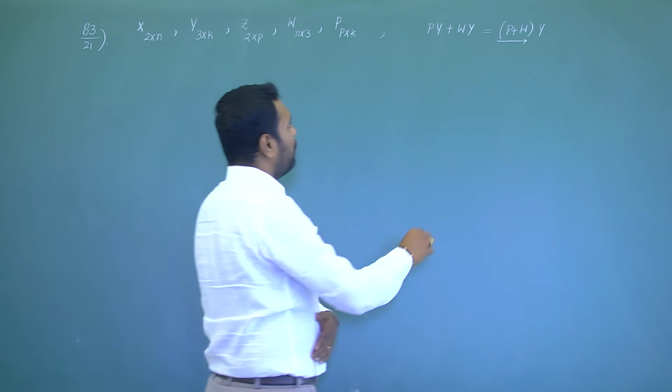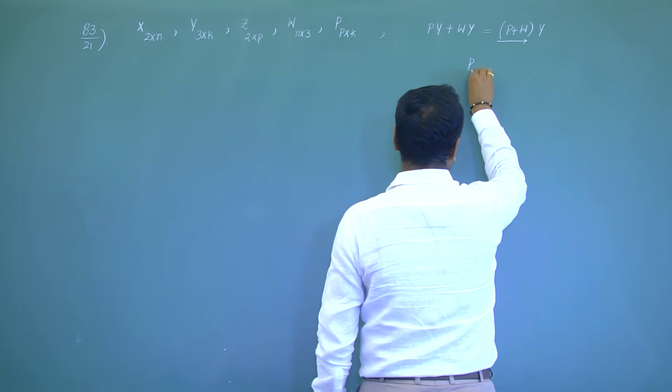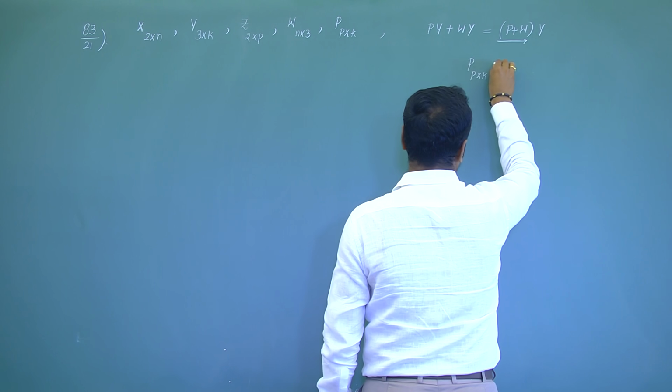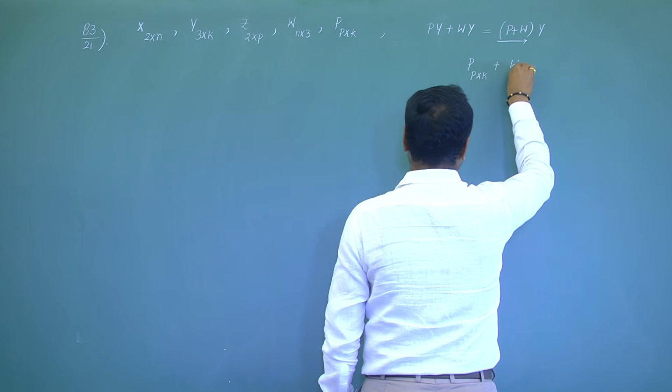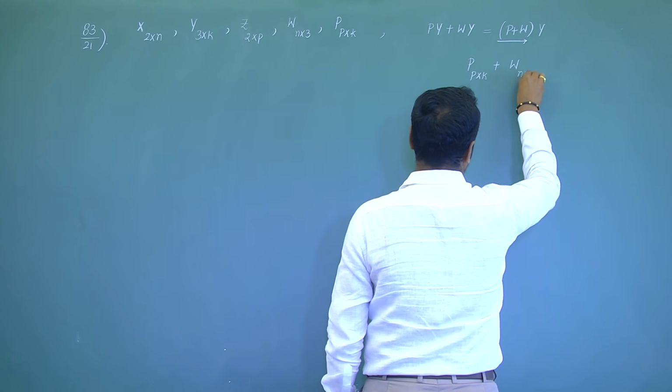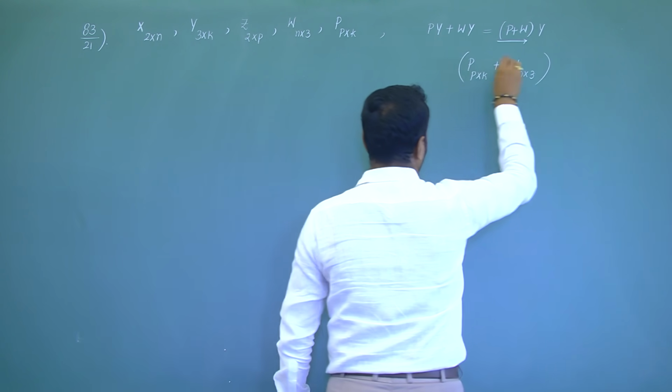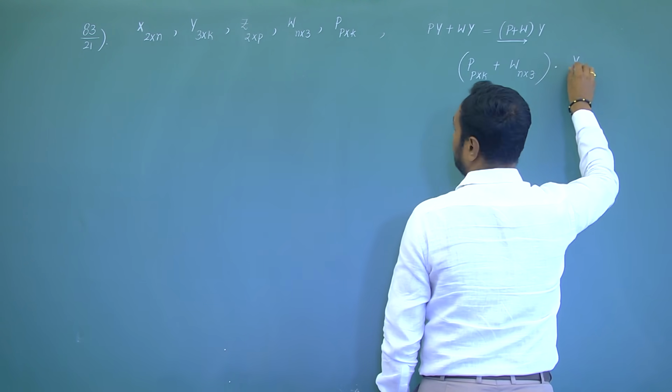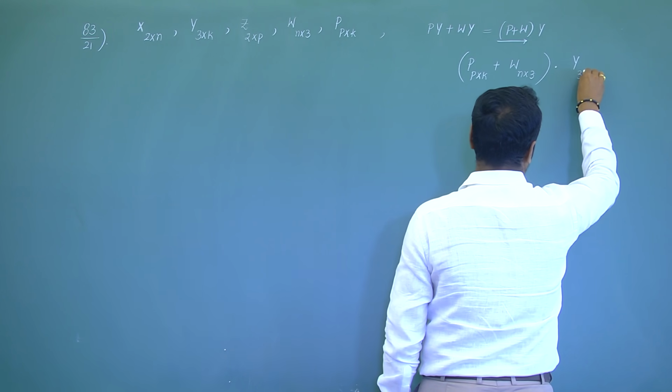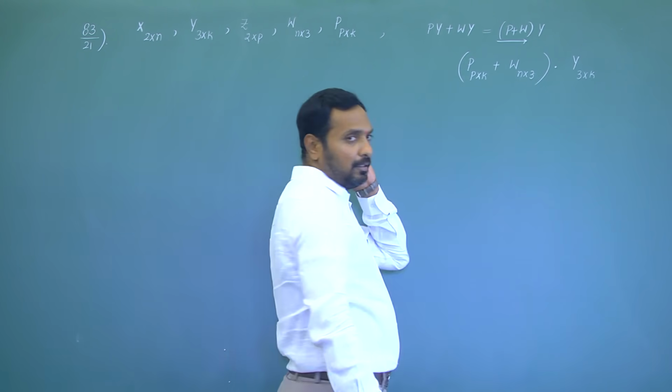What is the order of P? P cross K plus W, N cross 3, into capital Y, 3 cross K.